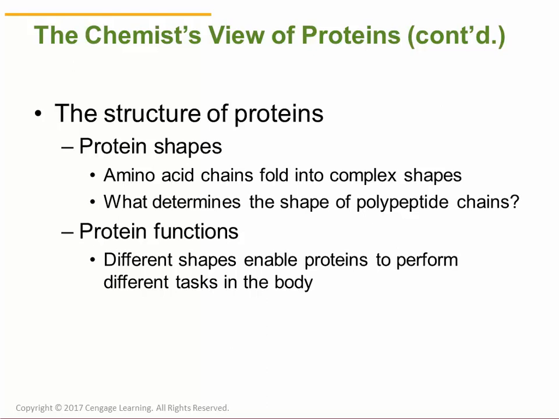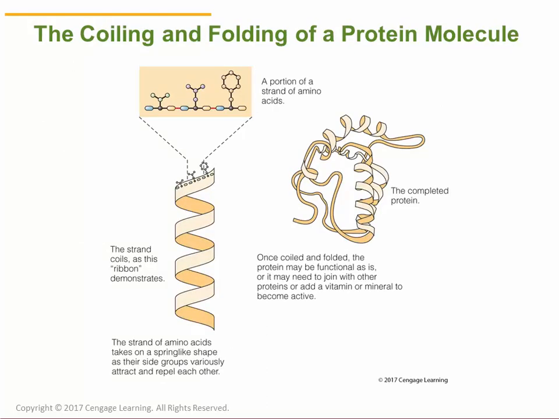Many of these proteins, as far as the structures, we mentioned the different shapes, protein functions. A lot of times the different shapes enable those proteins to perform whatever function they have within the body. And that's why they're formed in that manner. This shows you the coiling and folding of that protein molecule.